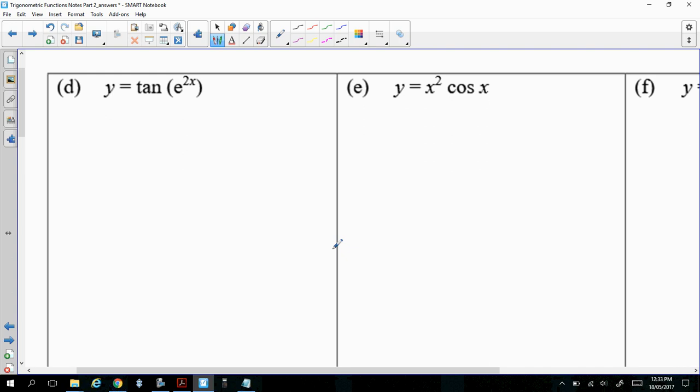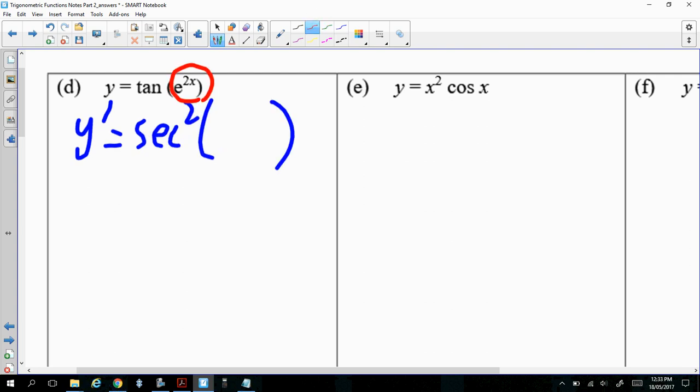Okay, so differentiate tan, you get sec squared, and whatever inside has to stay the same, right? And then remember to differentiate it. We're going to differentiate, times by 2 e to the power 2x.